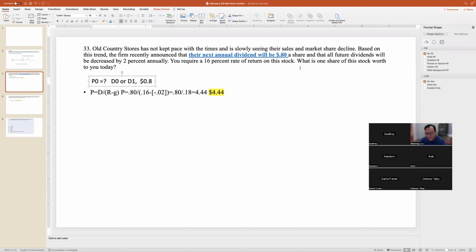This is really important, right? Because it's going to affect the formulas, your calculations. Godfrey said it's D1. You guys agree? So you have to read this question carefully. The firm recently announced, right? Recently announced. So that time is very close to time 0, very close to now.